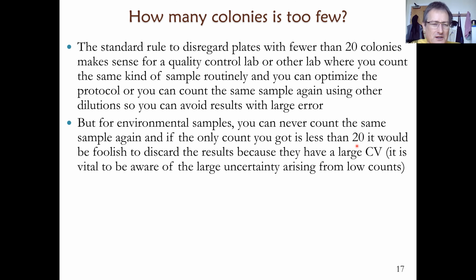So there are two references. If you want to go into more detail or read it up in your own time, the book chapter by Arthur Koch in the big manual Methods for General Molecular Bacteriology, which is this thing here. I hope you can see that. This is one chapter in that book.